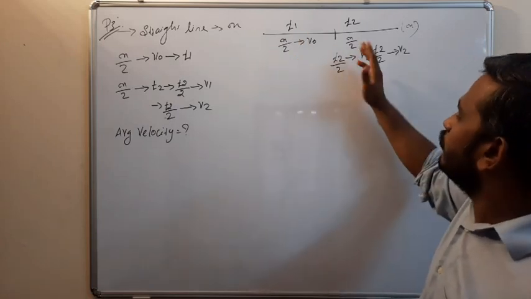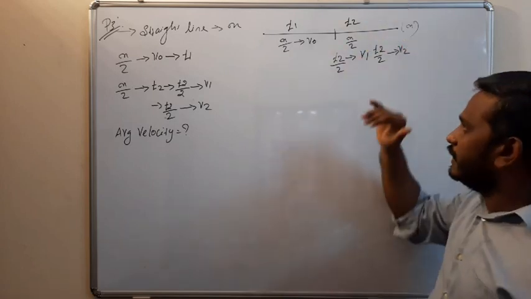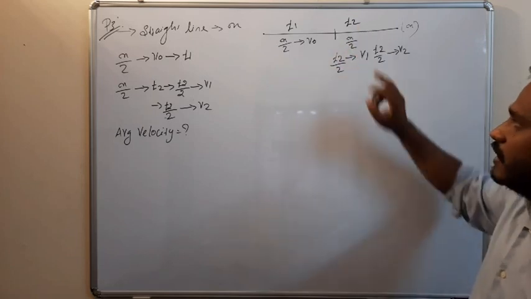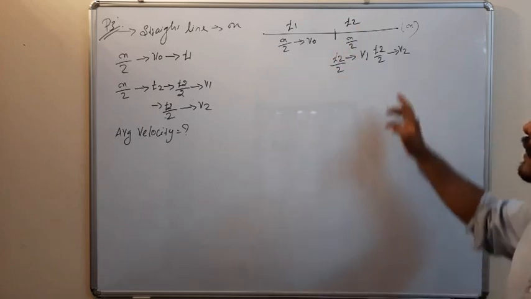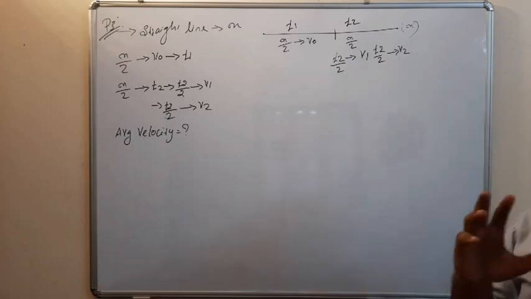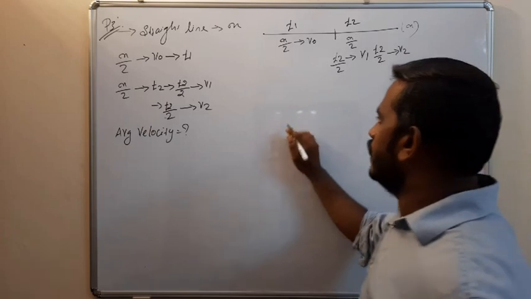The remaining half of the distance, x by 2, is covered with the time t2. Half of that time, t2 by 2, is covered with the velocity v1, and the other half, t2 by 2, with the velocity v2. We have to find the average velocity. Clear?